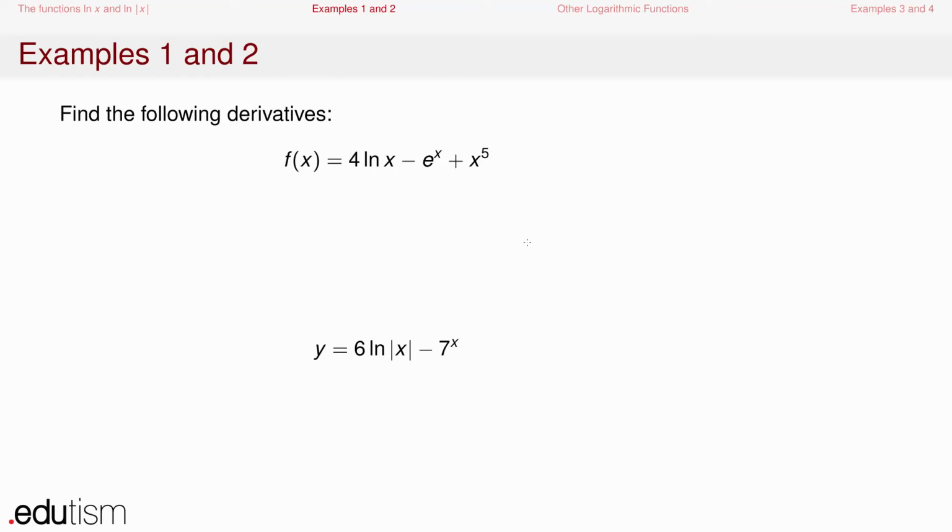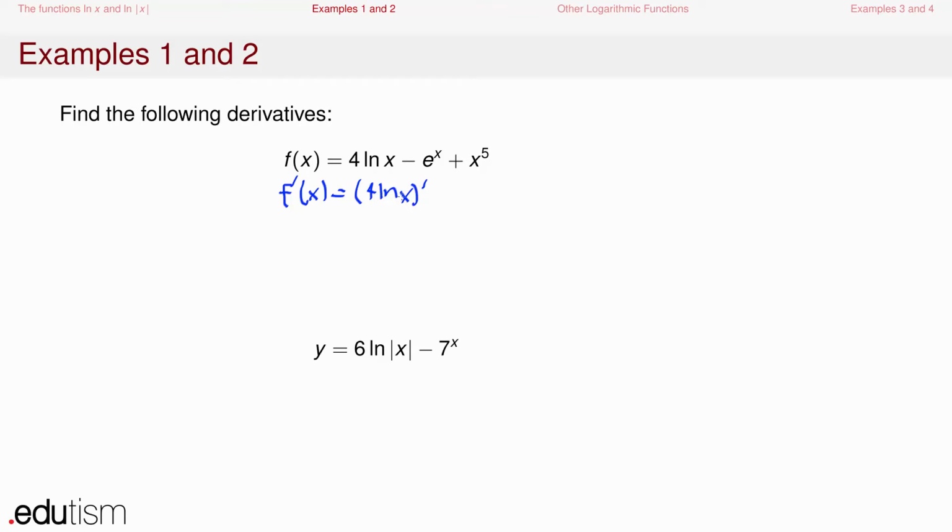The first two examples are examples of functions whose derivatives we can find using the rules for ln x and ln of the absolute value of x. For the first function, we have f of x is 4 ln x minus e to the x plus x to the 5. The first step is to use the sum and difference rules to say that the derivative here is going to be the sum and difference of each of the derivatives taken separately.